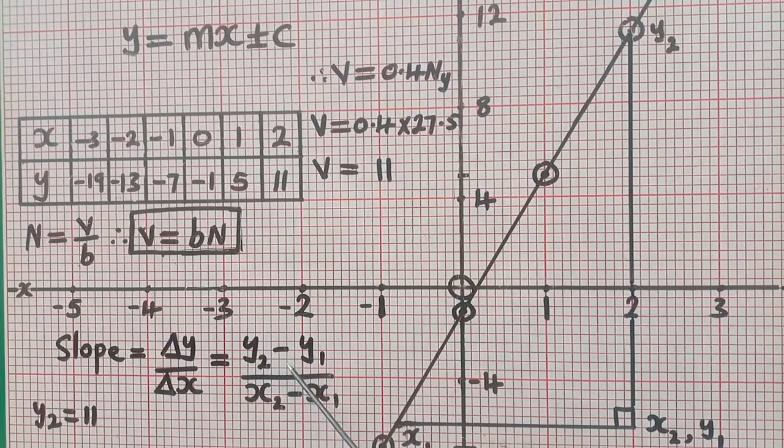The formula is not difficult, but what might be challenging is how to know the value of each of these variables in the formula. So far, we have known that y2 is equal to 11. What about y1? y1 corresponds to the value of y at this point because it came down from here, then to this point.